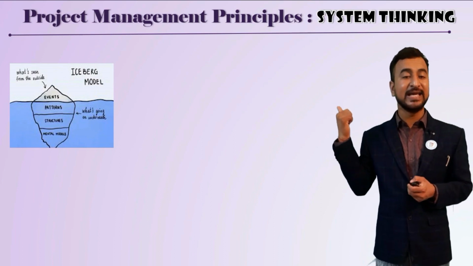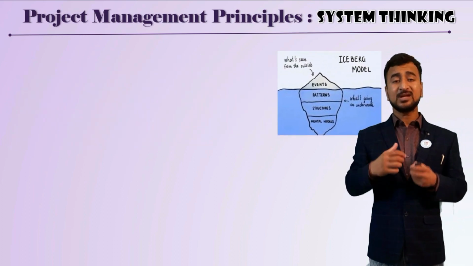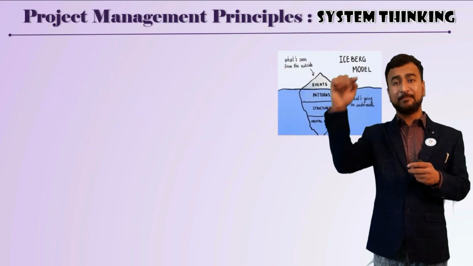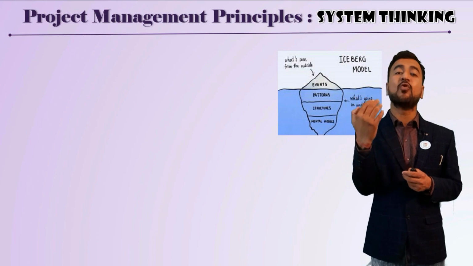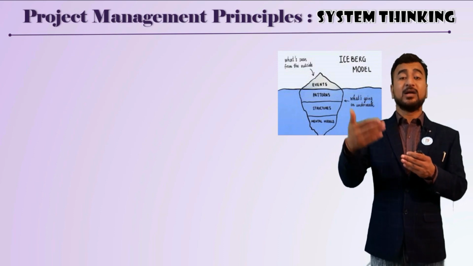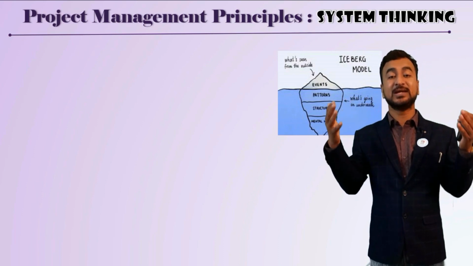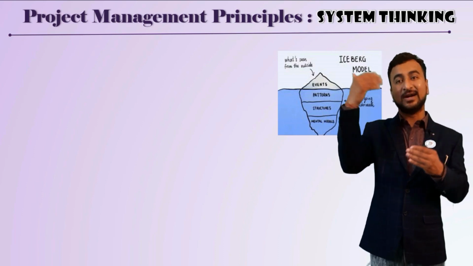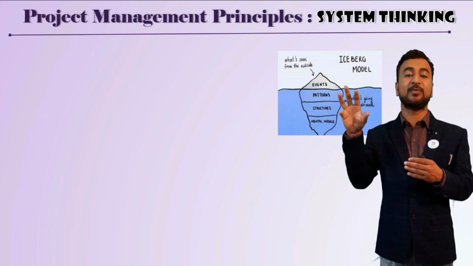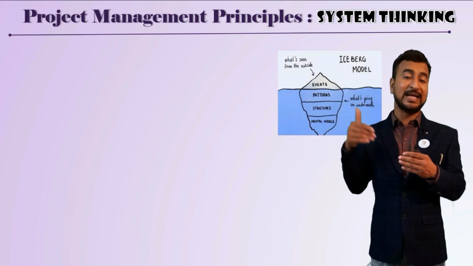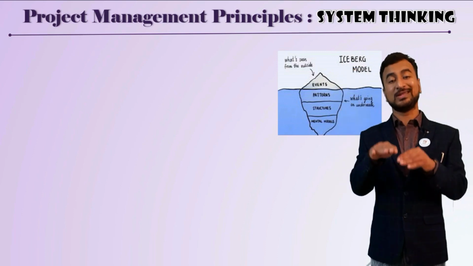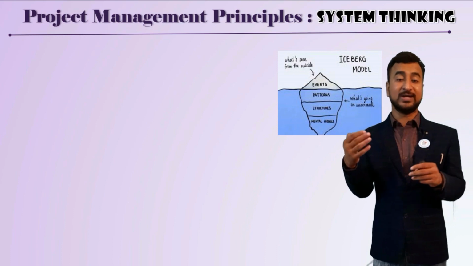As you see here, the iceberg. We can only see the tip of the iceberg, but beyond the surface there is something even bigger. You see 30% as the tip, but 70% is below the surface of the water, and that you need to understand.